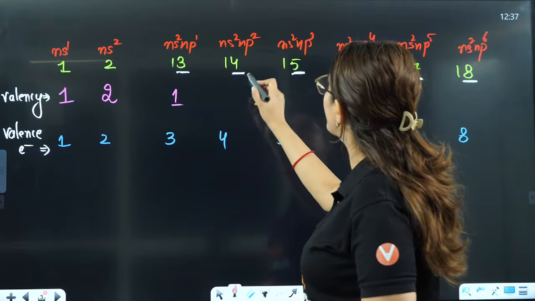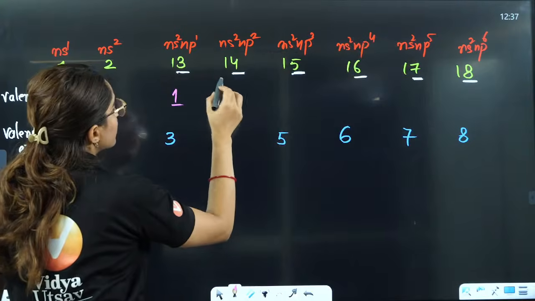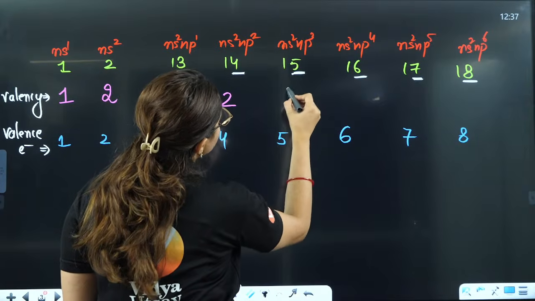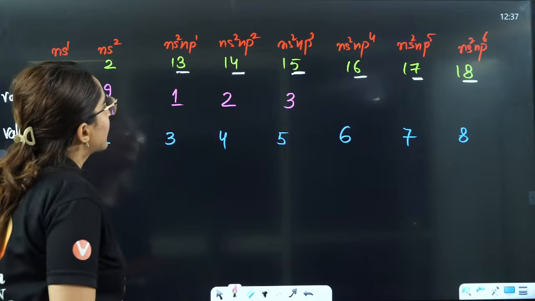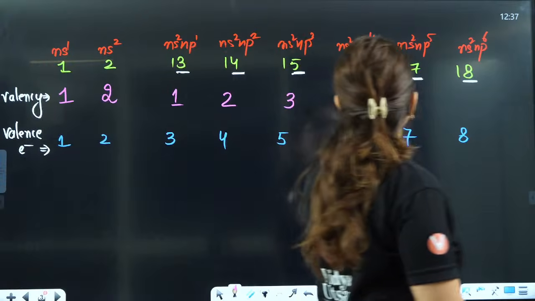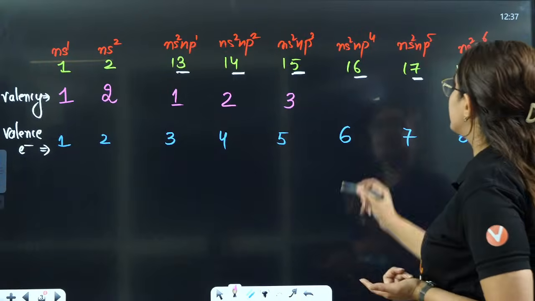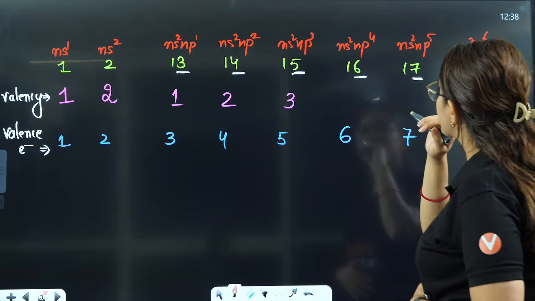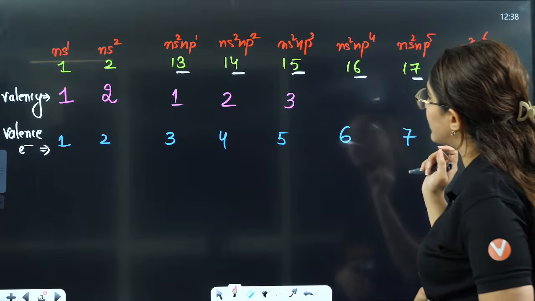Then here it is going to lose 2 electrons. Here it is going to lose 3 electrons. Then here it is going to gain. Here it will gain or lose both of them. So here it is 16 now. This was 14. Wait a minute.